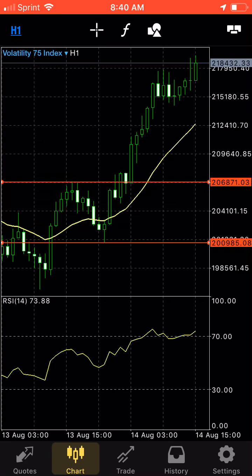The area we're talking about is 200,985.08. That is where you'll be looking to place your stop loss.